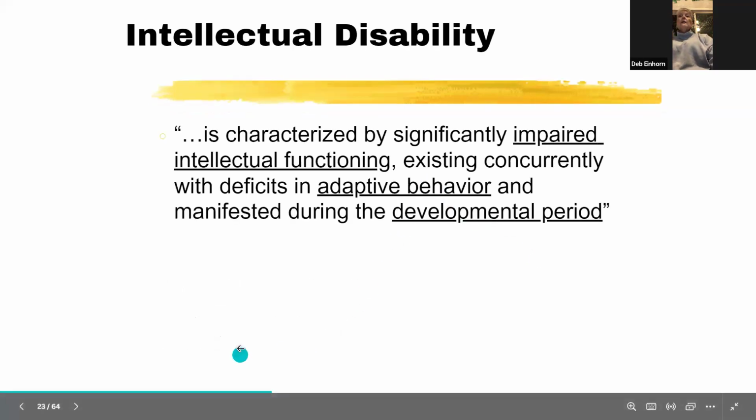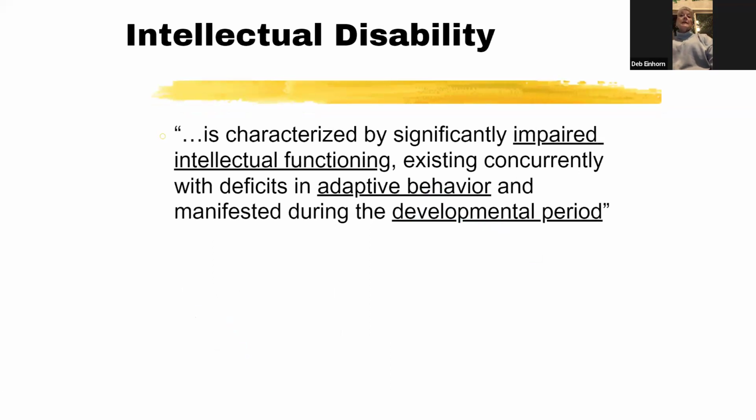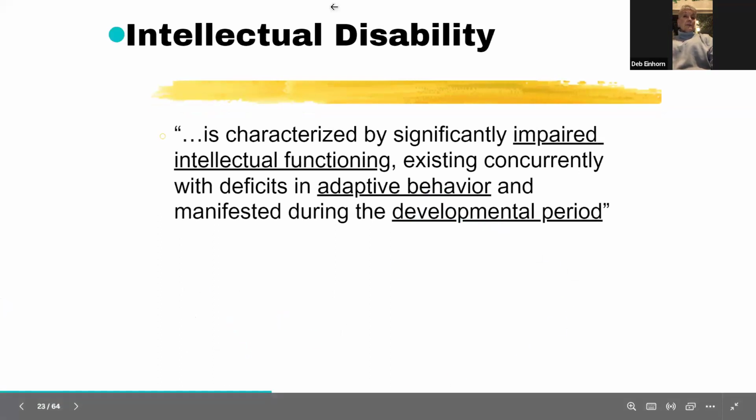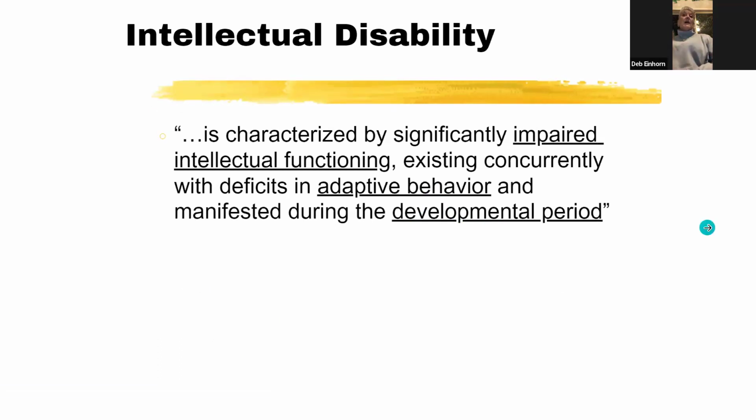So the next eligibility category we're going to talk about is intellectual disability. Intellectual disability is characterized by significantly impaired intellectual functioning, existing concurrently with deficits in adaptive behavior and manifested during the developmental period. In other words, an intellectual disability is not something that's going to happen to a person after they've gone through all their child development stages.